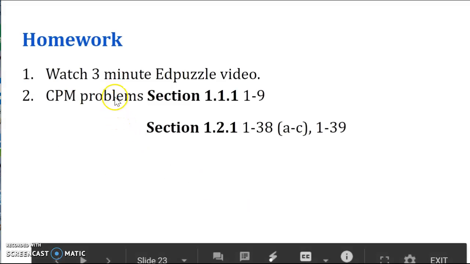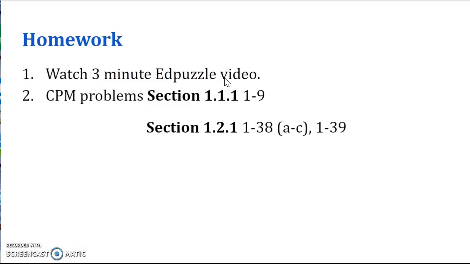For homework, it's just a 3-minute Edpuzzle video. Really, actually, it's just 2.5 minutes, and there are just 2 questions that you need to answer. So it's really easy homework, the first part. The second part is some CPM problems. This is from section 1.1.1, so it's chapter 1, section 1, and out of that section, it's the first lesson.